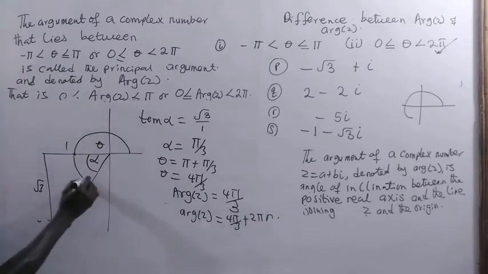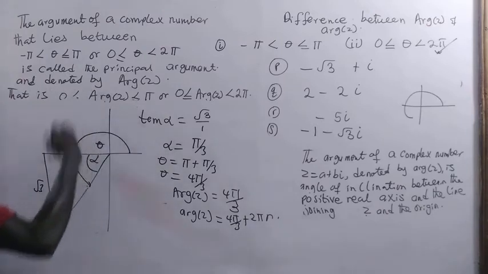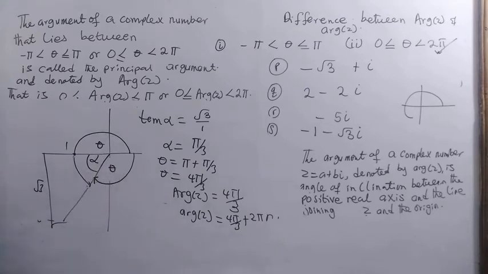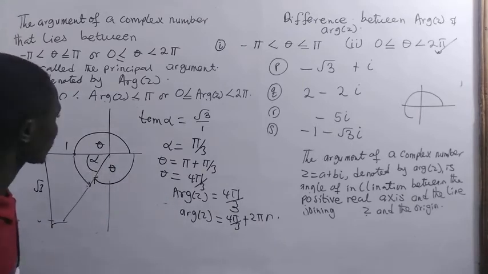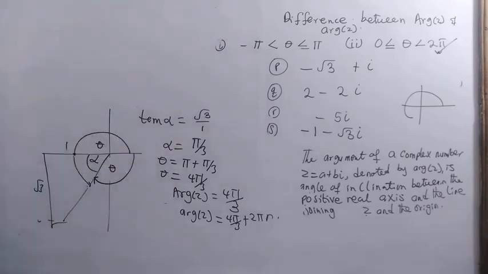Now, what about if we are to measure in the clockwise direction? This is counterclockwise or anti-clockwise. So if we are to measure, this will be our principal argument, theta. So let's try to figure that one out. So this one, let's look at this.